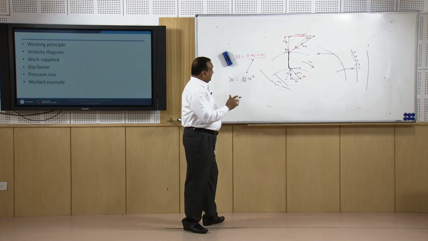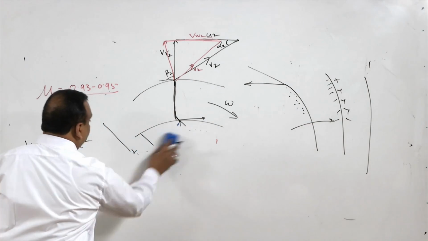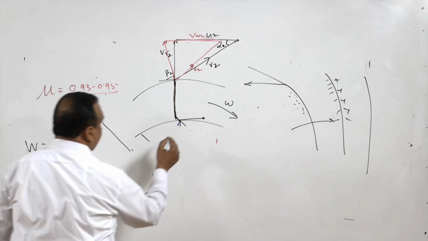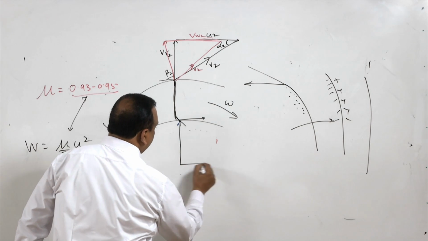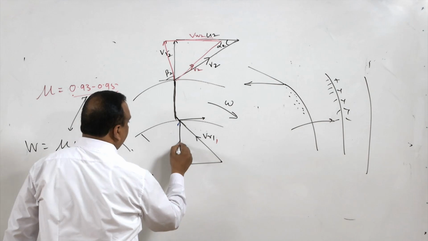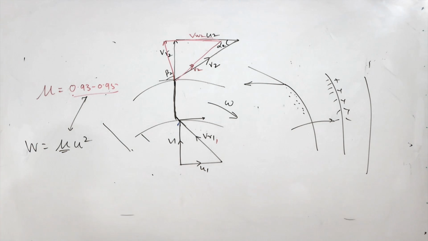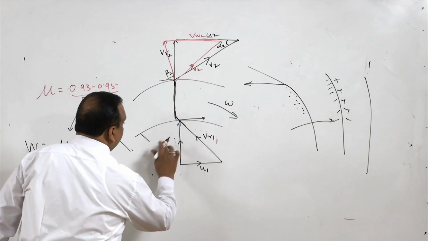So, pre-whirl is provided. Let us draw this ideal diagram. This is VR1, V1 and this is U1, right. So, pre-whirl is this, this is V1.